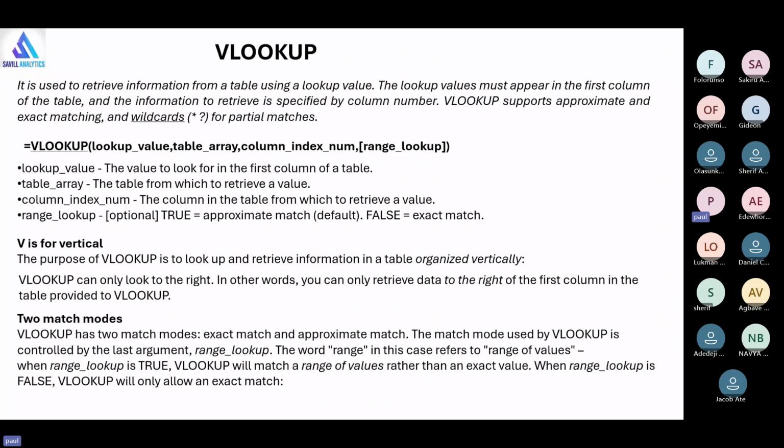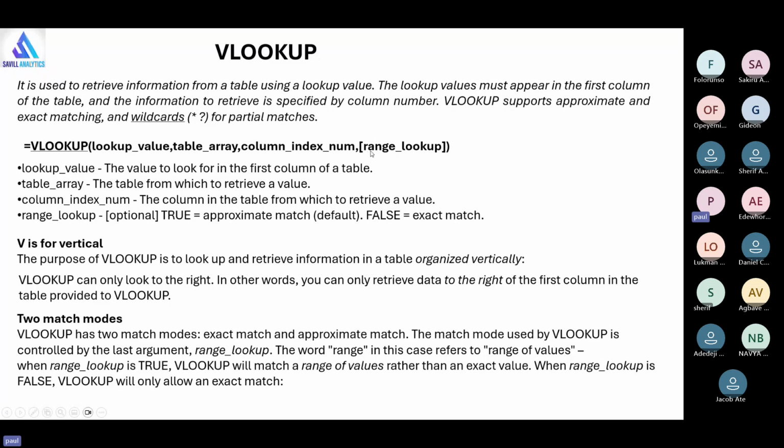So from where they are connected in your table array, you start counting 1, 2, 3 to the column that you want. Say date of purchase is in column C. Then the column index number will be 3, because you start counting from A, B, C. So your column index number will be 3, right?